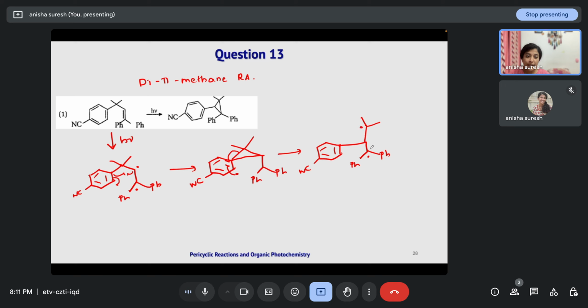Okay. Now these two radicals can recombine, leading to formation of a new cyclopropane ring.